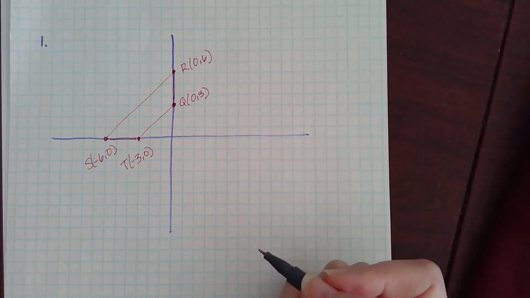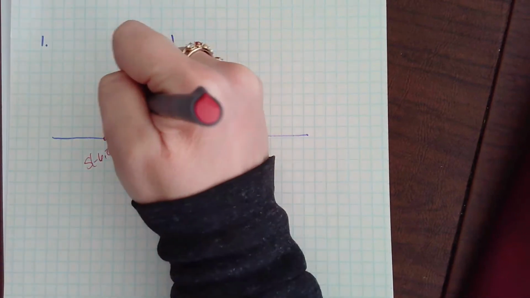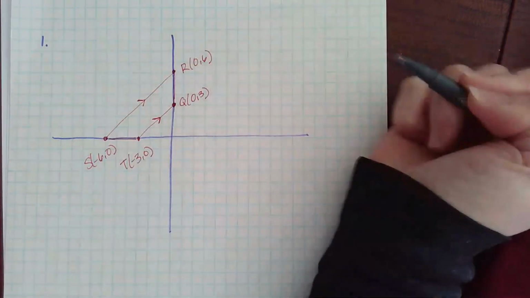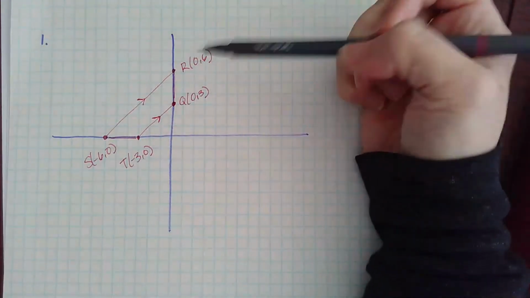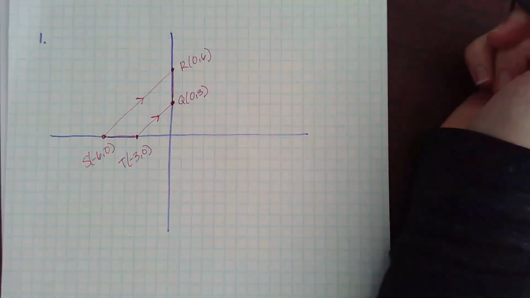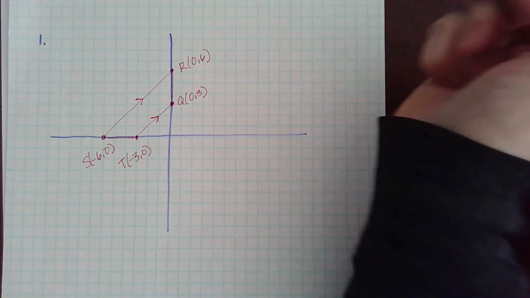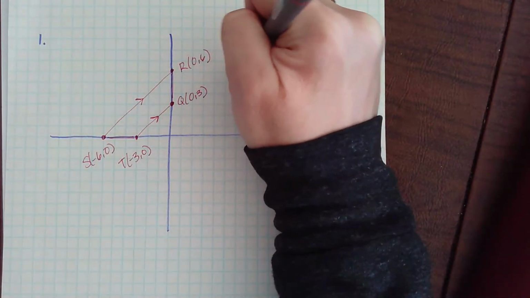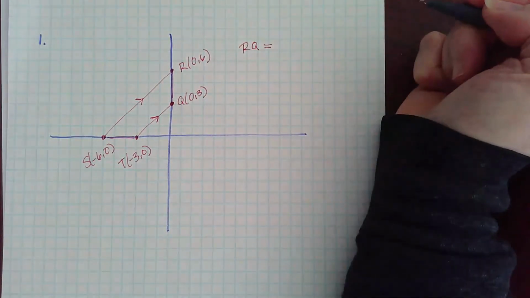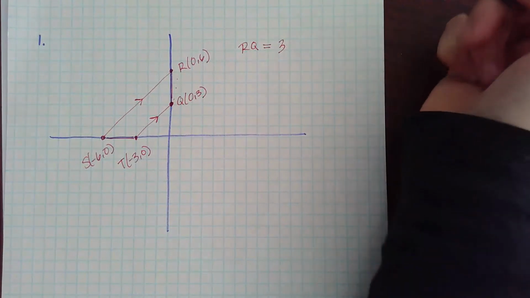The first thing you want to do is identify the legs. If this is a trapezoid, then this side is parallel to this side. And obviously this side here is not parallel to this side here. So that's how I knew those were my parallel sides, which makes RQ and ST the legs. To prove this, you want to figure out the distance from R to Q. This is fairly easy since it's a vertical line, so we can just count.